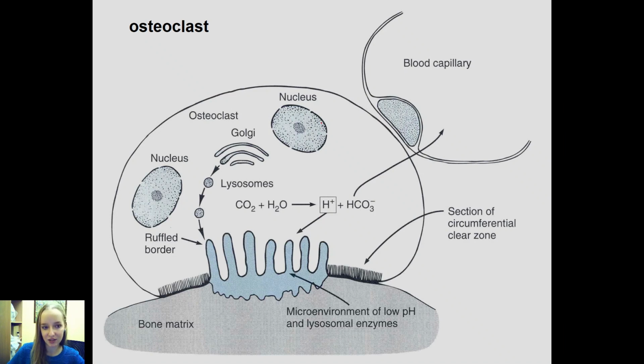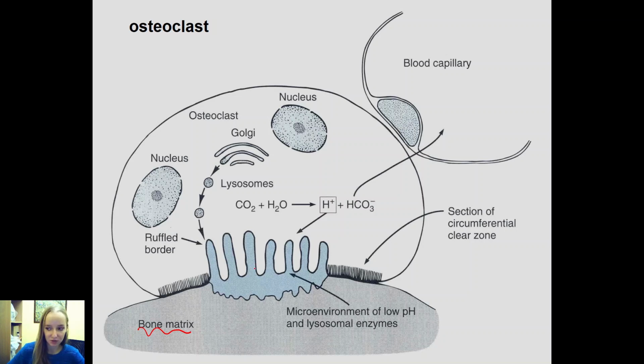And here we have a nice osteoclast. Again, there are multinucleated cells. The cytoplasm is very eosinophilic. They contain a lot of mitochondria and lysosomes. Where they touch the bone matrix, they sit on the bone matrix, and they form some kind of depression.